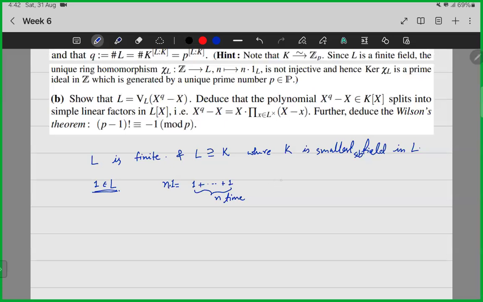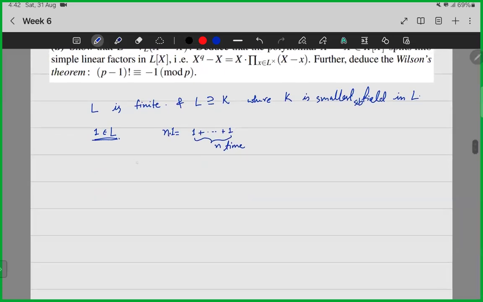Now, since L is finite, n into 1 is equal to n prime into 1.